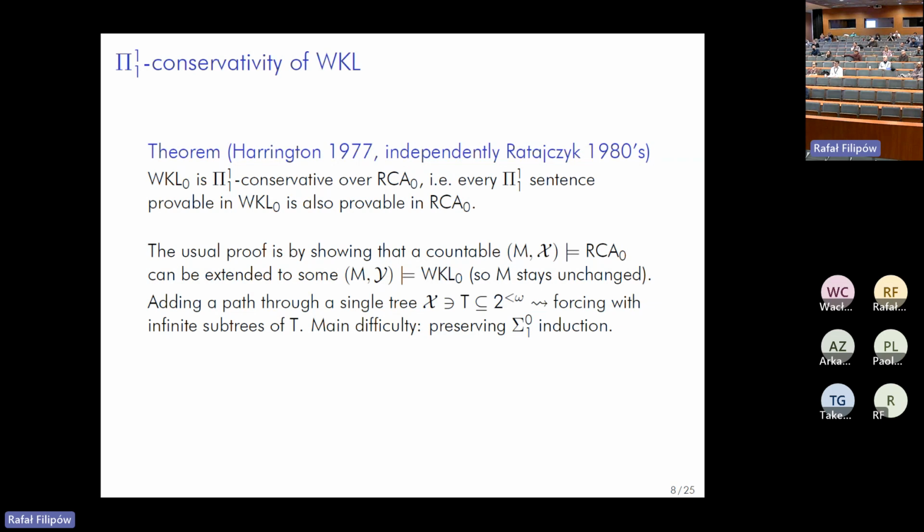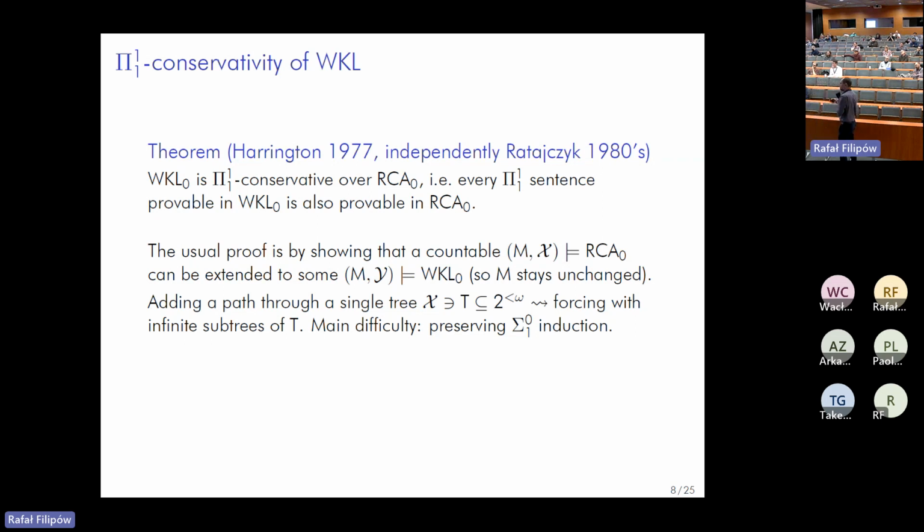And the way you prove this, so how do you prove that König's lemma doesn't give you any new Pi^1_1 theorems that weren't provable in RC0? Well, you take a countable model of RC0, where countable means not only is the first order universe, what the model thinks are numbers, countable, but also the family of what the model thinks is P of omega, the family of sets that it believes to be the second order set universe.